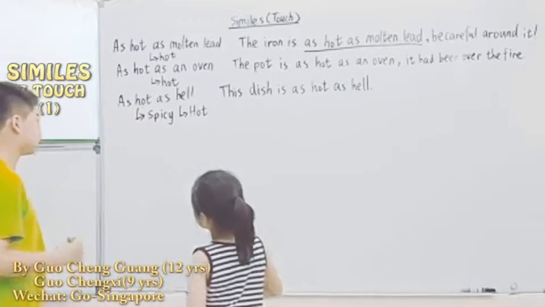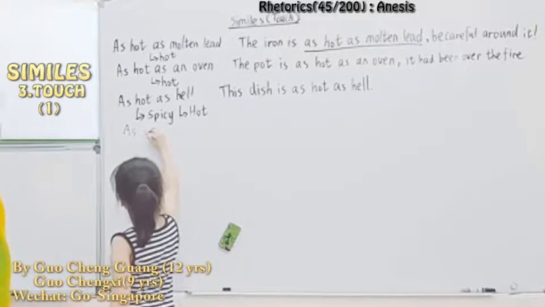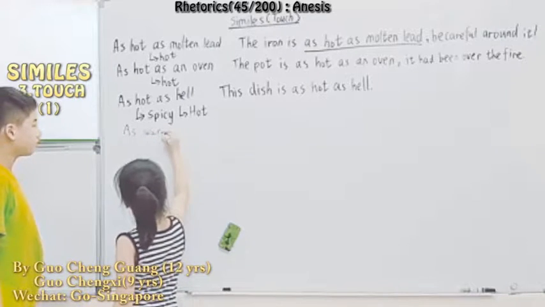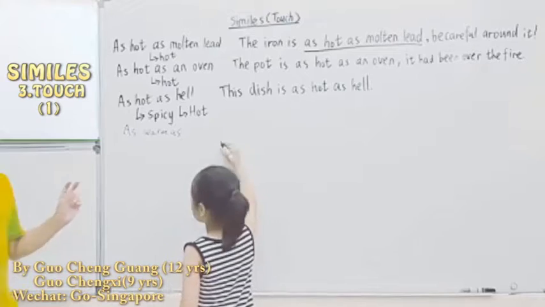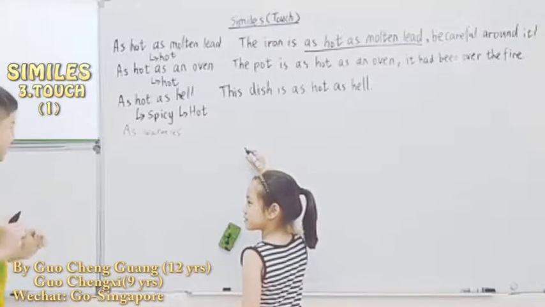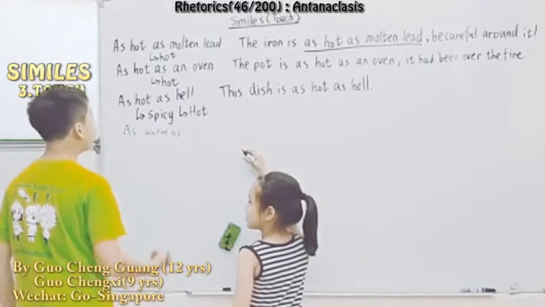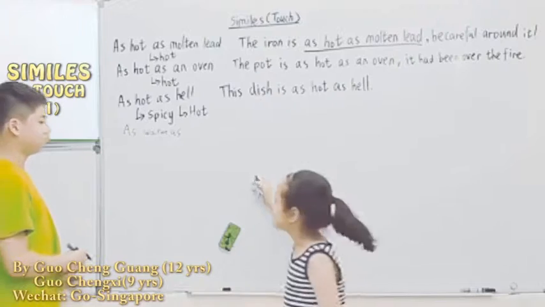How about something else that a lot of us will know? As warm as... Want a little bit of science fact? Okay. Science fact time. Well, not really. Venus. Venus is warm.